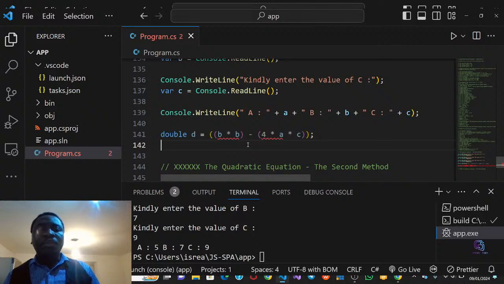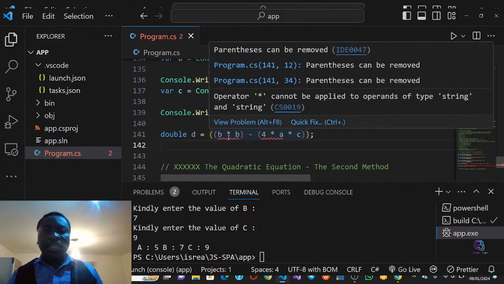So instead of saying plus or minus b plus or minus square root of b squared minus 4ac over 2a, we have b times b. It's an error: operator star cannot be applied to operand of type string.